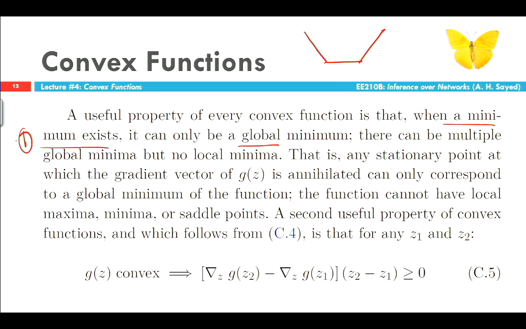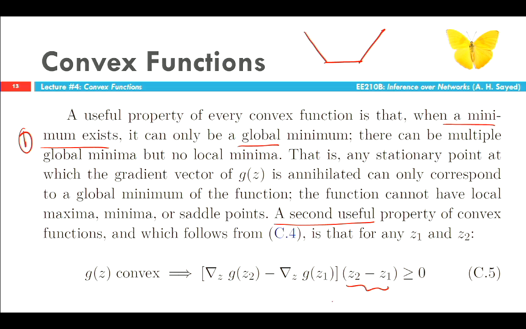I'll have more to say about this later. Now, another useful property of convexity is this relation that you have here, which you will be using many times. What this relation says is the following. If a function is convex, pick any two points and compute the gradients at these two points. So you end up with two vectors: one is the difference between the two points, and the other is the difference between their gradients.